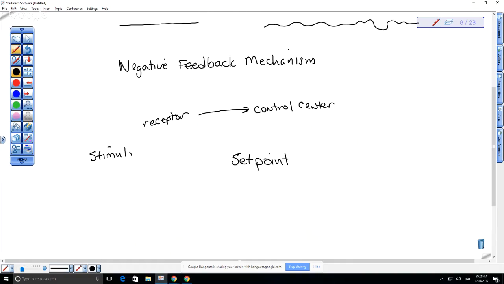This is oftentimes the brain, but it doesn't have to be the brain. Sometimes, for example, in the example that we're going to go over today, the thyroid and parathyroid glands are actually the control center. They have receptors and they actually initiate the response. So the control center initiates the response and sends it out to what is called the effector.